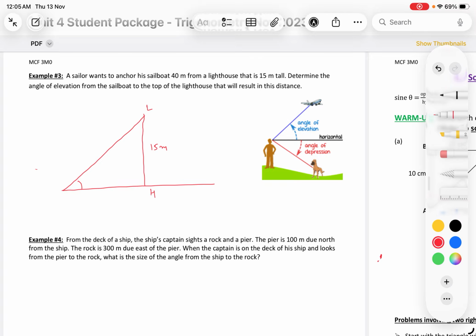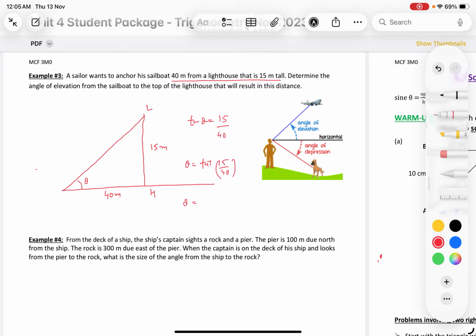So the angle of elevation, and this is 40 meters. We need to find the angle of elevation. So here we will use tan theta is equal to opposite upon adjacent. So theta will be tan inverse of 15 by 40.